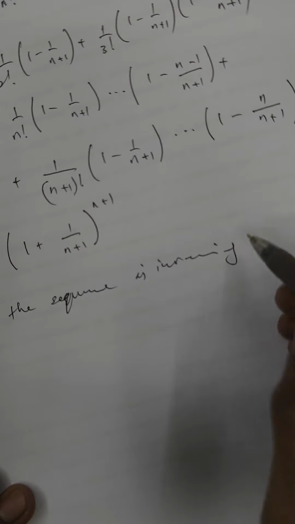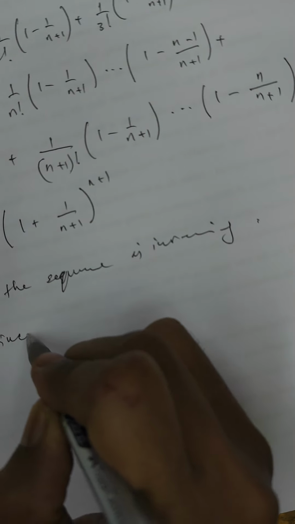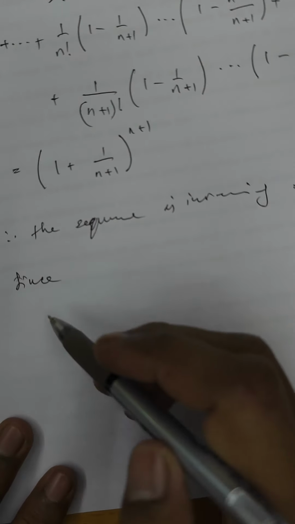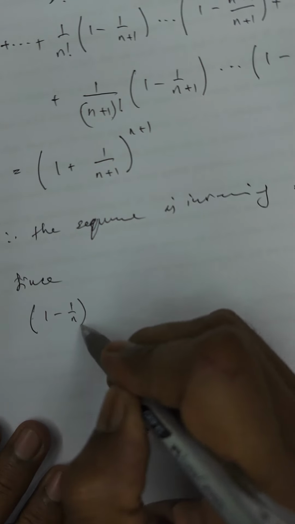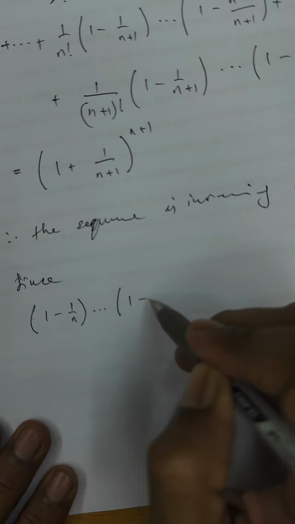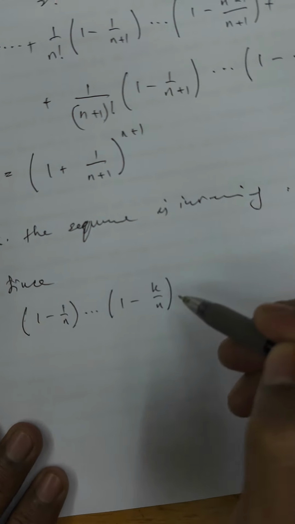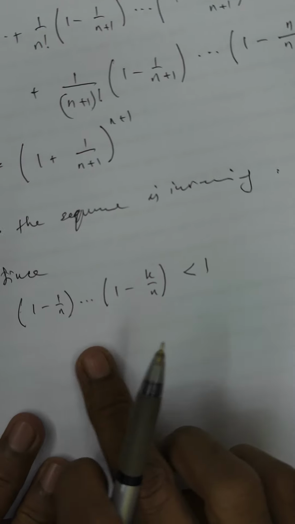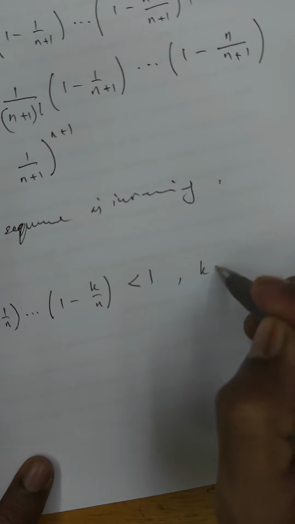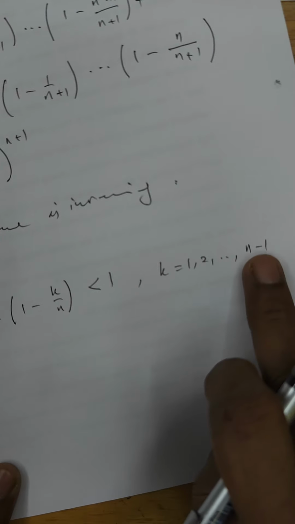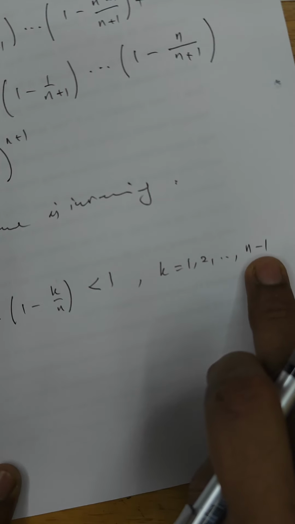All right, now furthermore, since we have 1 minus 1 over n up to 1 minus k over n, this is less than 1. This is obvious, because this is for k from 1 up to n minus 1, so k is less than n.